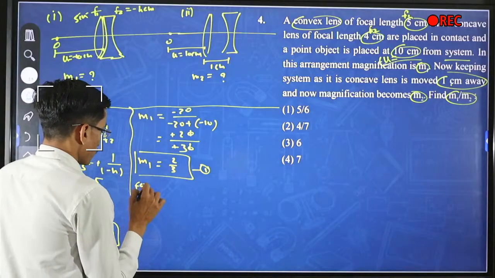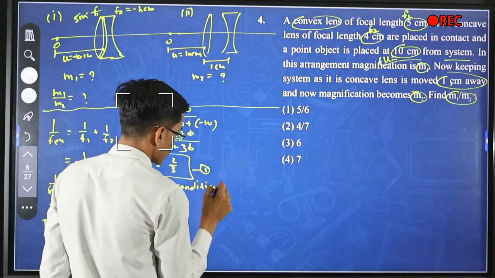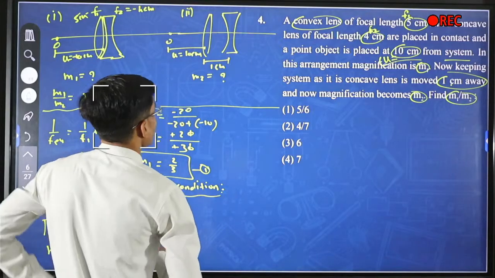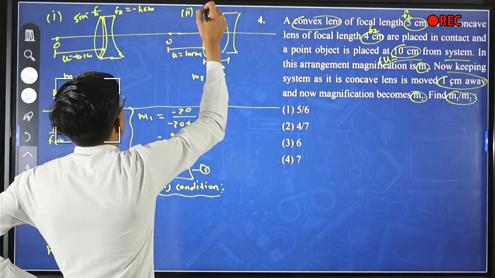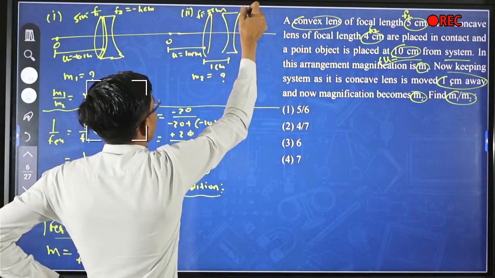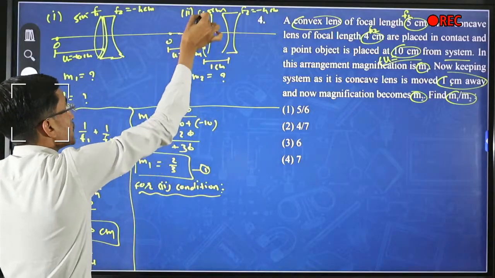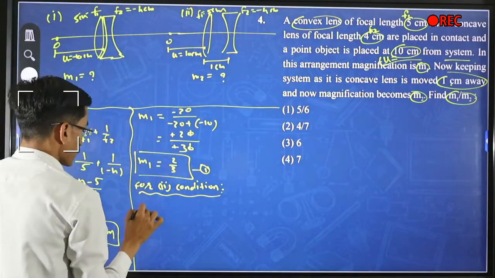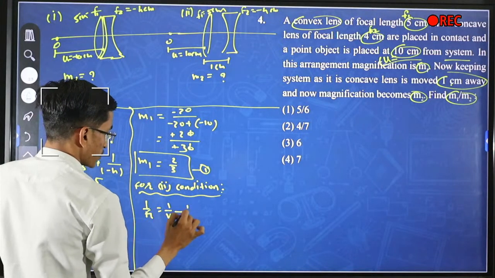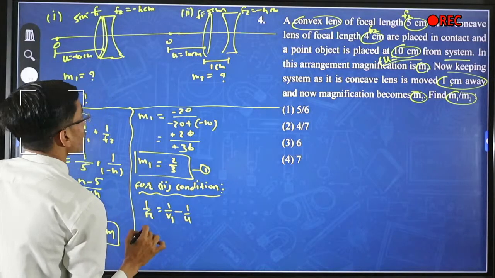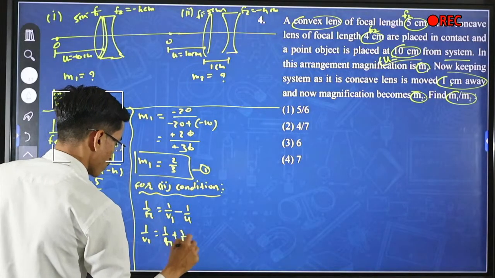So for the second condition, u is equal to minus 10 cm, f1 is the same as 5 cm, f2 is the same as minus 4 cm. So u is given, f1 is given, so we will calculate v. So 1 upon f1 is equal to 1 upon v1 minus 1 upon u. So 1 upon v1 is equal to 1 upon f1 plus 1 upon u.